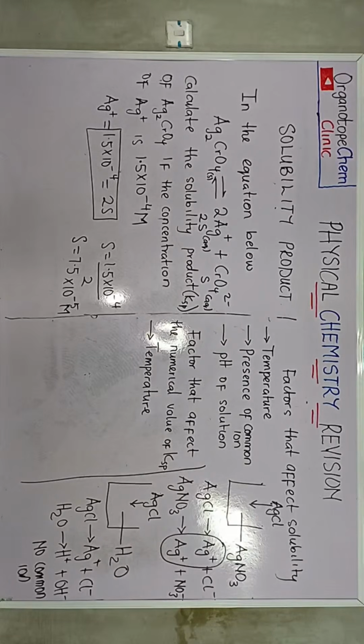When you divide 1.5 times 10 raised to power minus 4 by 2, is that correct? If the value is correct, type correct in the chat. Okay, assigned.